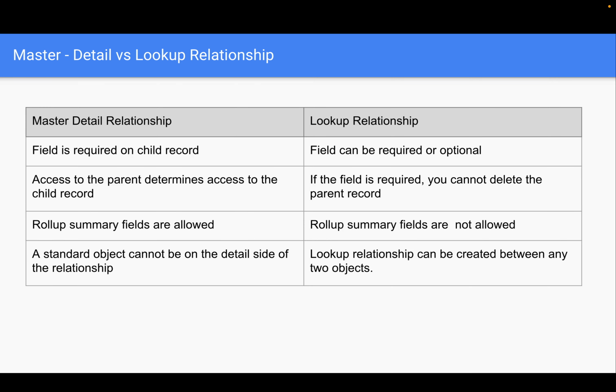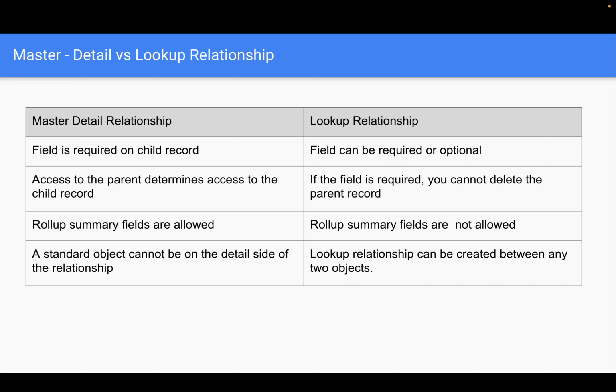So here's the main section where you can find the differences between these two relationships. If we start from the first row on the master detail relationship, it says field is required on a child record.